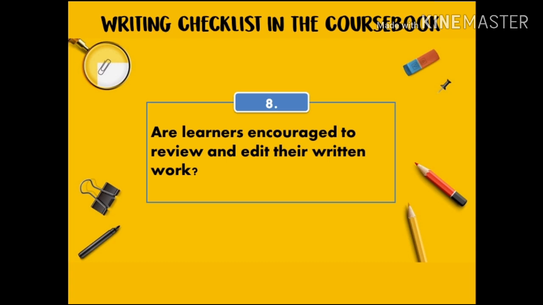Checklist number 8. Are learners encouraged to review and edit their written work? Reviewing is something that needs to be done before moving on to the next step. From the review, we can evaluate our task.